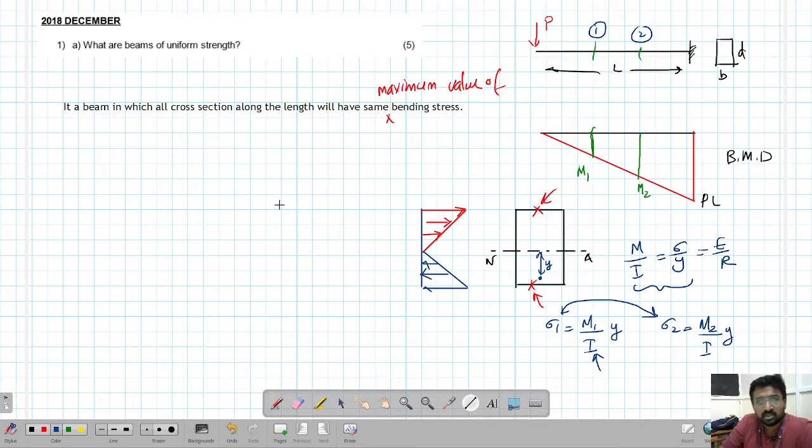So for this problem, you have to write this statement. Along with the statement, you also have to show an example. So we will take the same example. Here in this case, what will be the maximum stress? So let's say we will keep the depth of the beam constant.